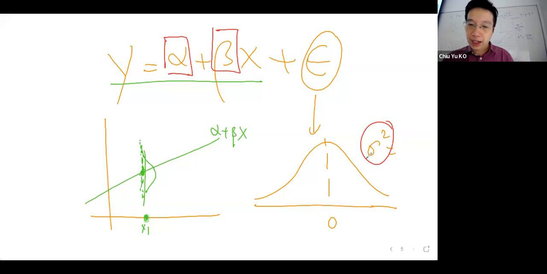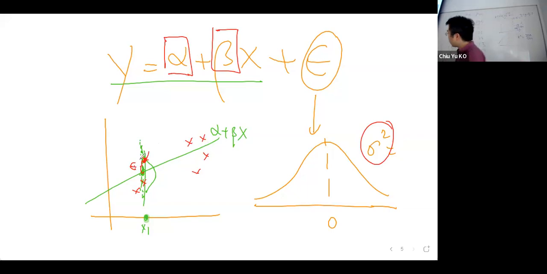And remember your scatter plot. What we are doing is looking at this, which can be written as an epsilon.